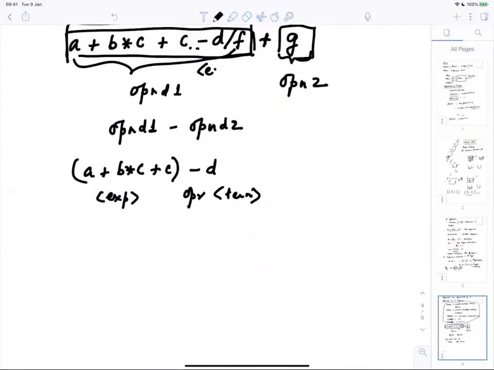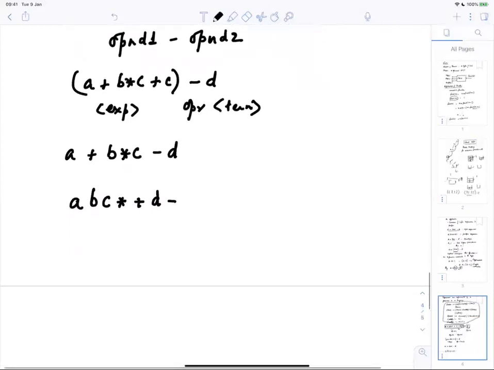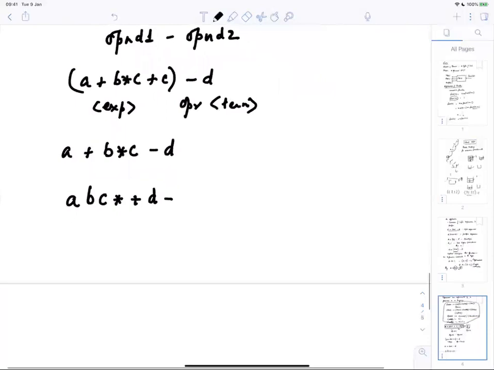Now, on the other hand, let's see how a postfix expression gets evaluated. Let's take a plus b star c minus d, and I said the postfix expression for this infix expression is a b c star plus and d minus. And if you notice, there is no implicit bracket.